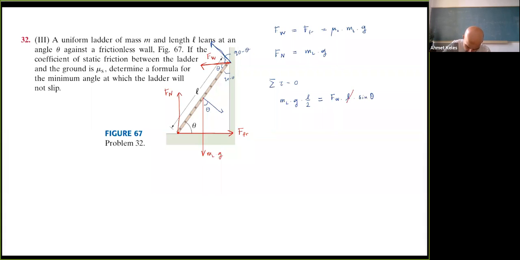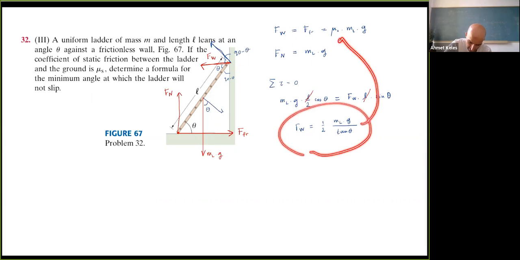Clean up L, then Fw is equal to, oh, I think I forgot a factor of cosine here. So I need, this is like a cosine of theta. So Fw is 1/2 m ladder times g divided by, I think it'll be tangent theta. I can put this back in here.